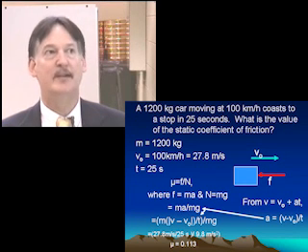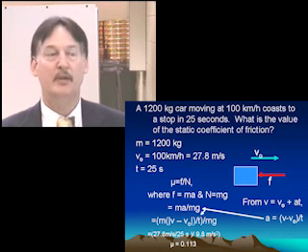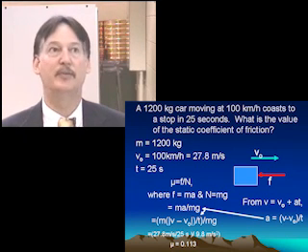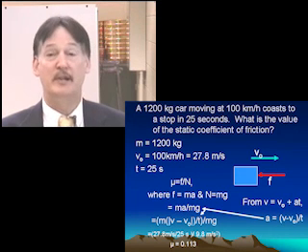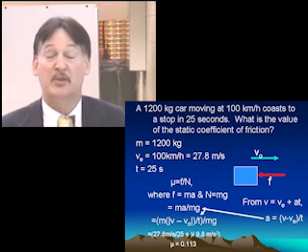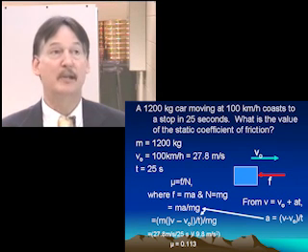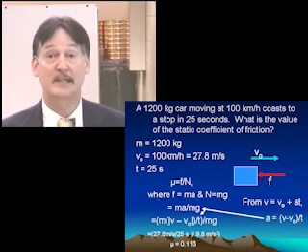Notice our free body diagram over there. We've really only shown on that diagram that the force applied to the object in the horizontal direction is the friction force. And we haven't bothered to show the downward weight or the upward normal force because we already know that those on a level surface are going to be equal and opposite. But at any rate, what we're trying to calculate is the coefficient mu in this case.